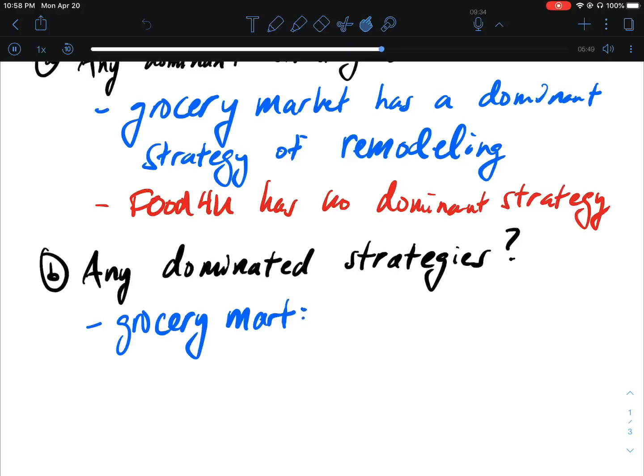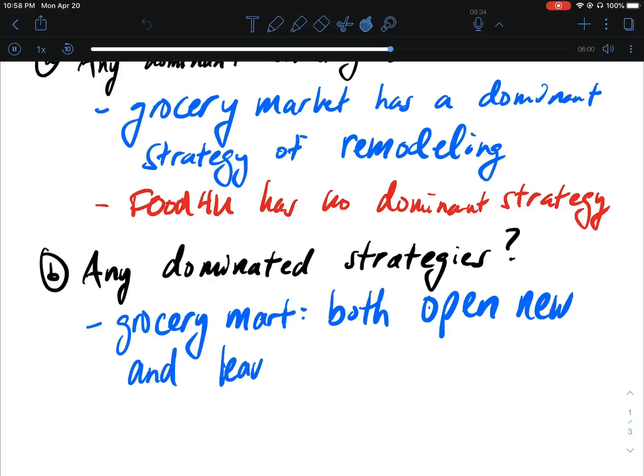So, once again, Grocery Mart has two dominated strategies, both opening a new store and leaving as is. They're dominated by the remodel option, which Grocery Mart always chooses.